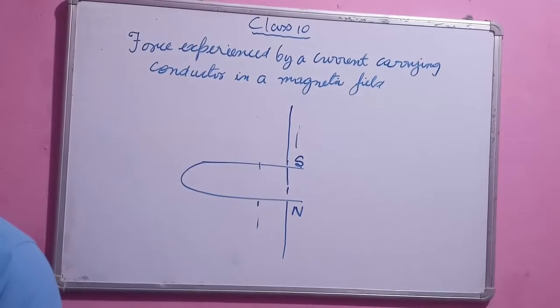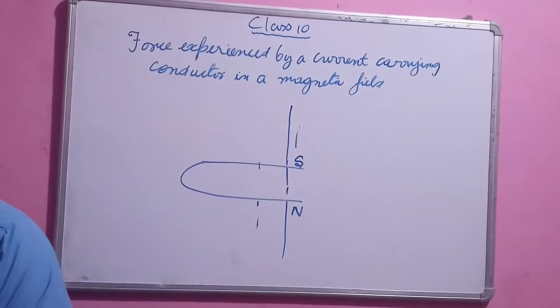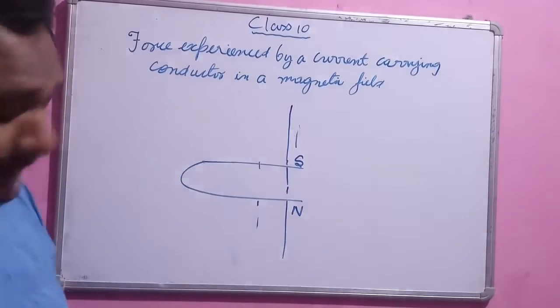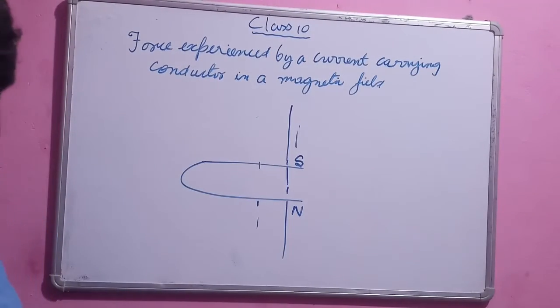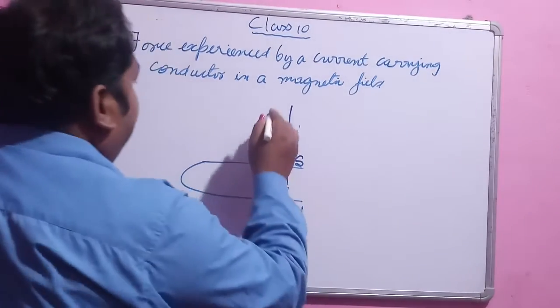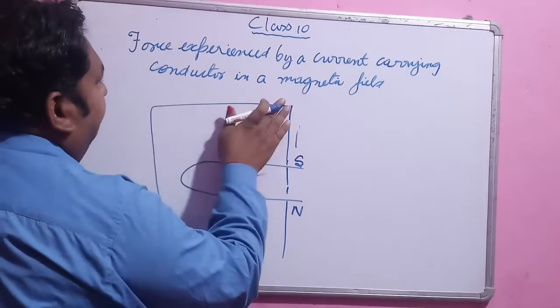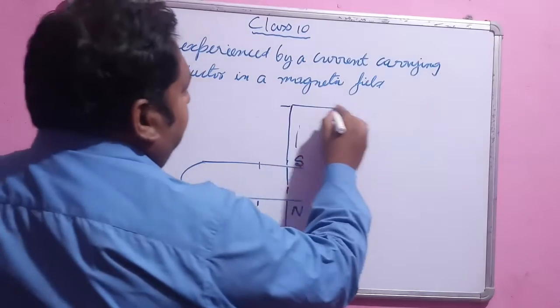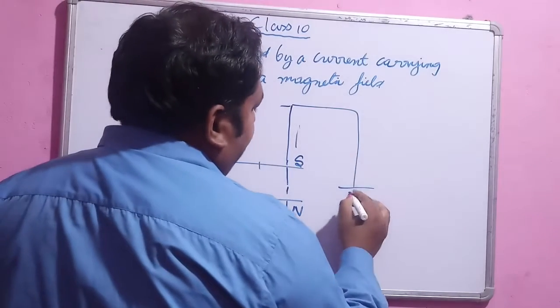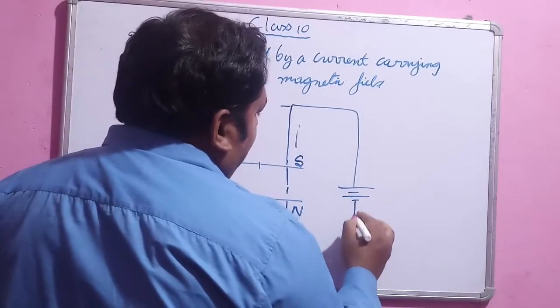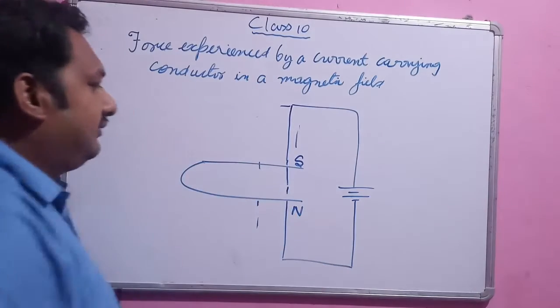Okay, now we will connect this conductor with a battery. Suppose one end of this conductor is connected to the positive terminal of the battery and the other end is connected to the negative terminal of the battery.